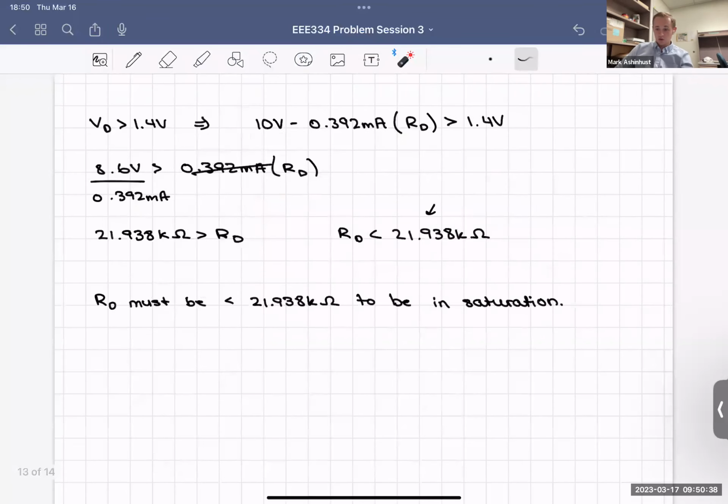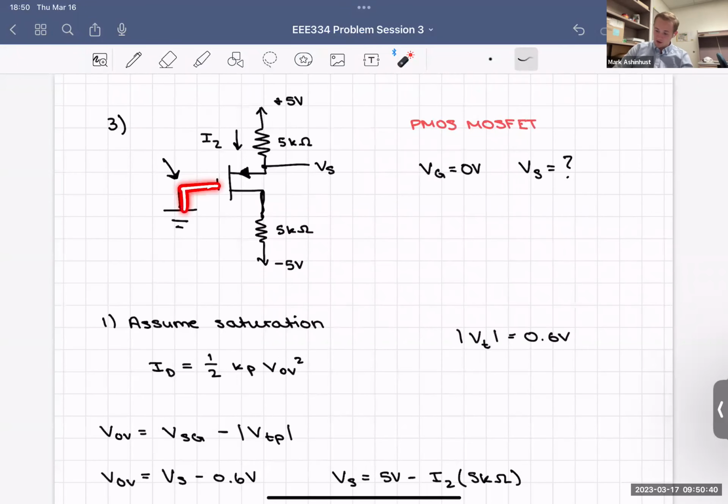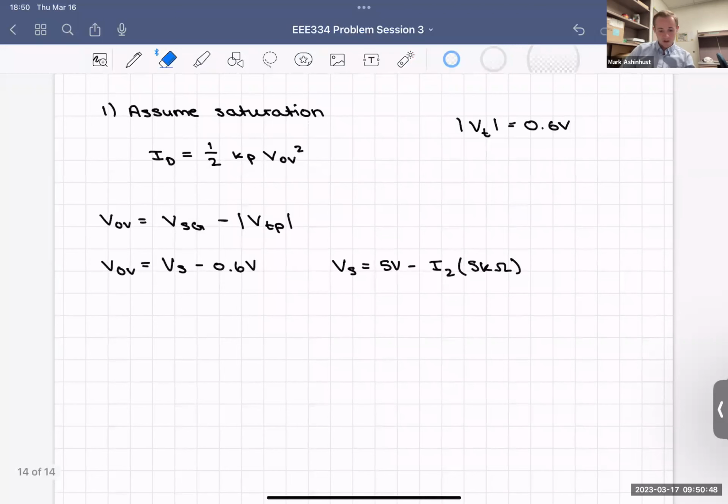However, in our new problem here, this isn't tied together. So the current here is the same. ID, the drain at the gate is the same as the drain at the source. So in assuming saturation, this is actually not I2, this is ID.